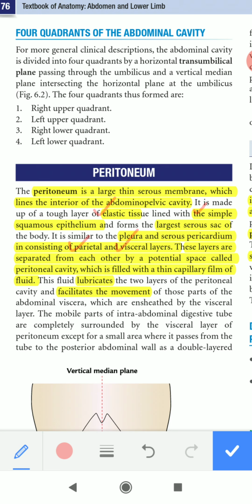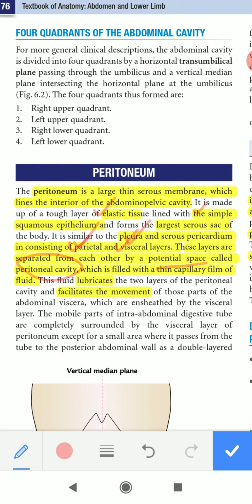It has two layers, parietal peritoneum and visceral peritoneum, separated by a potential space known as the peritoneal cavity. Within the peritoneal cavity there is a thin layer of fluid.